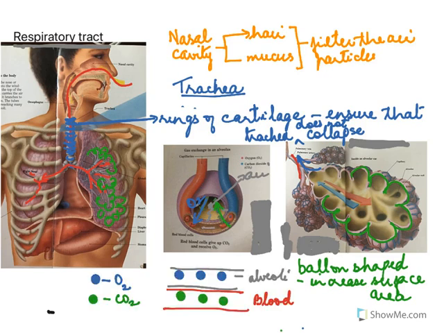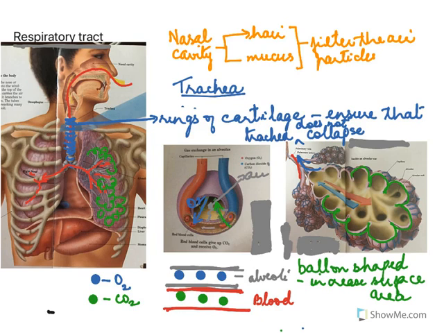Let's take a look at it again. Here we have blood flowing in the blood vessels, and here is the alveoli filled with air. These blue molecules are oxygen. And these green molecules are carbon dioxide.